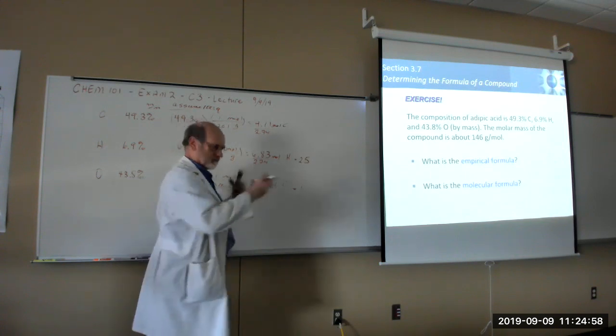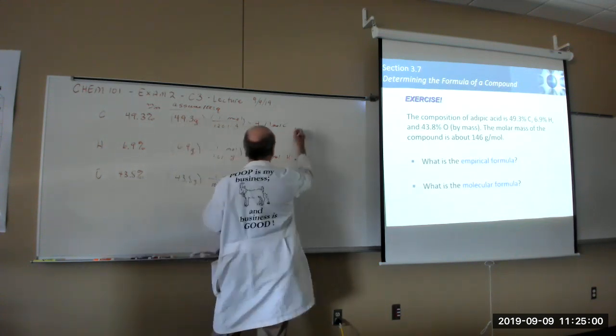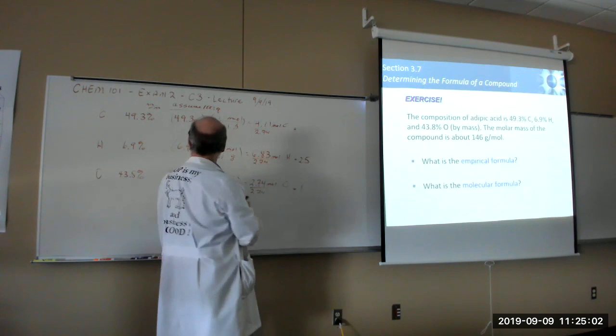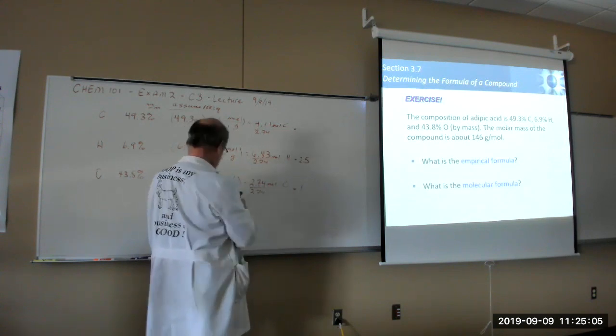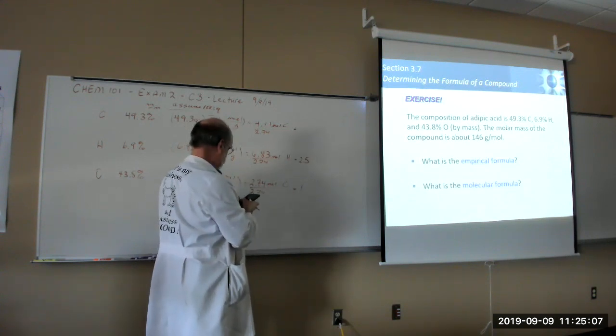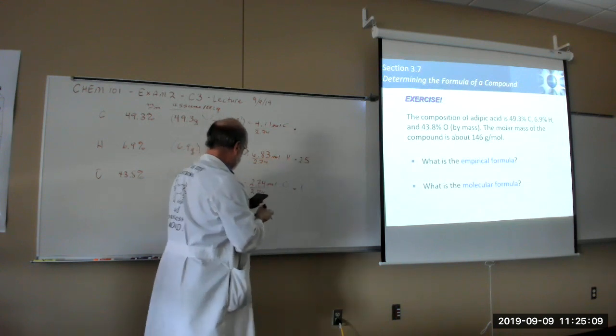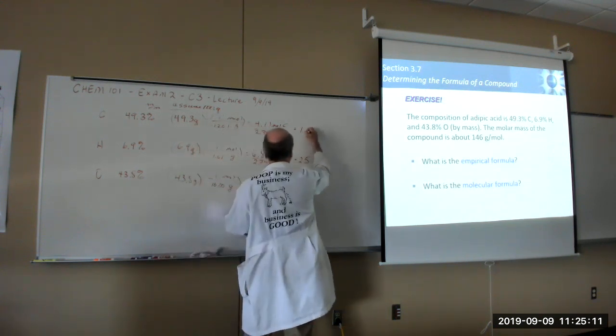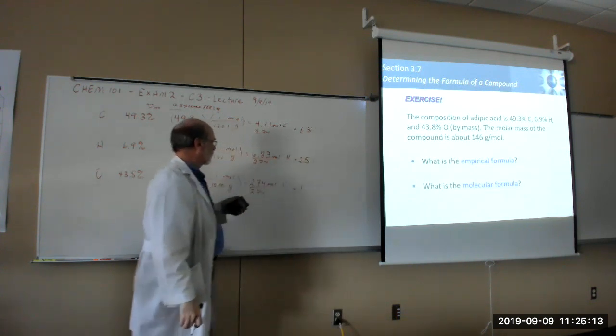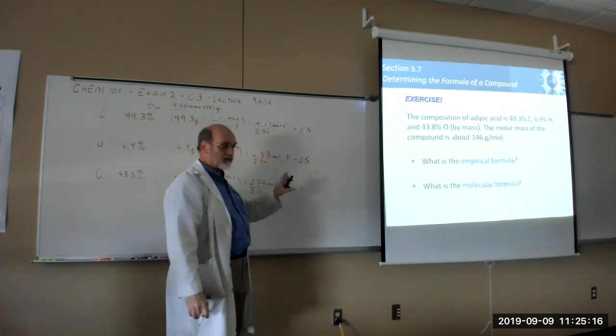You have to use logic. So 4.11 over 2.74 is 1.5. Now we're getting closer. This one's a whole number already.